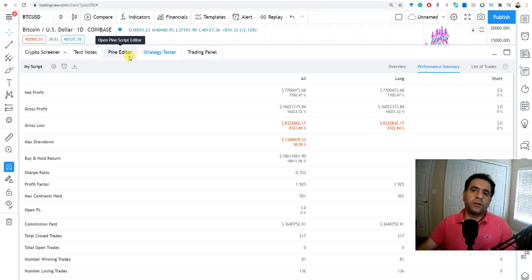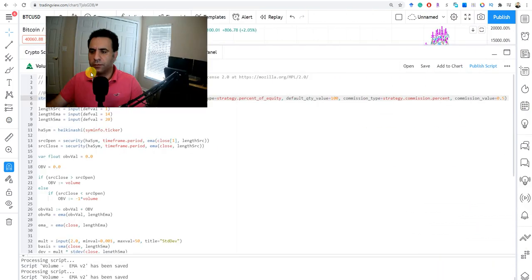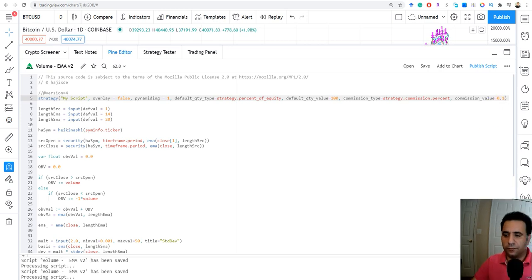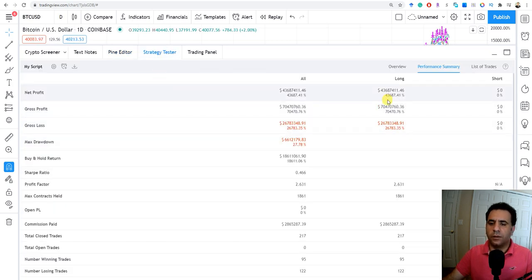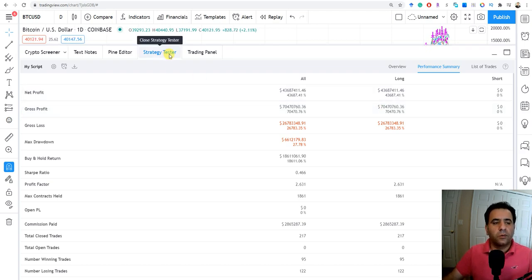If you use some other exchanges, you can use the commission from that exchange. Let's say if it's just 0.1%, it's going to be around 44,000%, which is awesome.